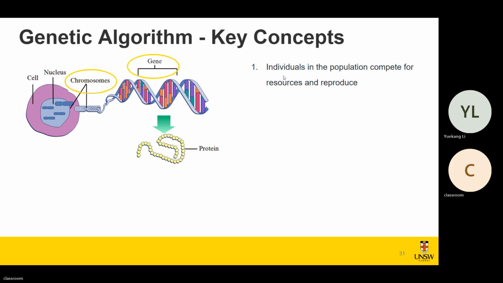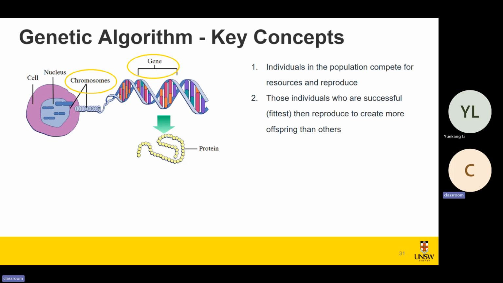Individual. Inside this population, we are evolving the population generation by generation. Inside each generation, we have a population of individuals, right? These individuals are like the solutions or the targets we are trying to optimize. The individuals in the population compete for resources and reproduce.